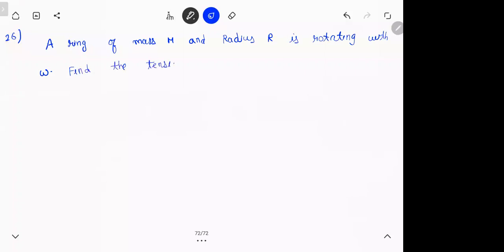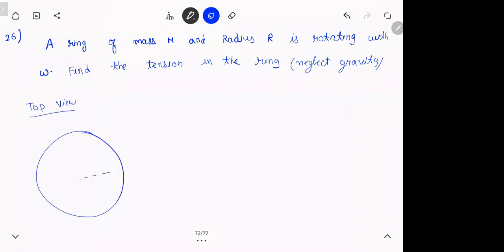You can neglect gravity. Meaning if you see the top view now, the whole setup is rotating with omega. So why is there a tension in the ring?